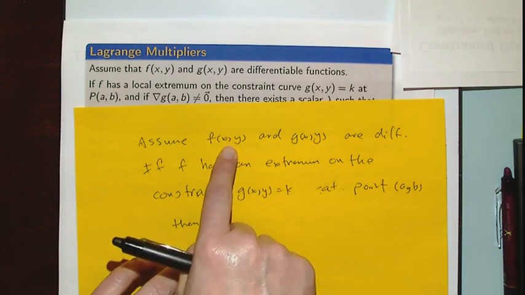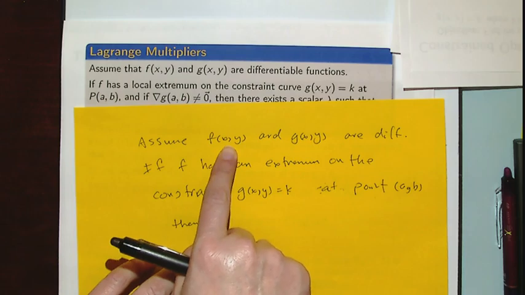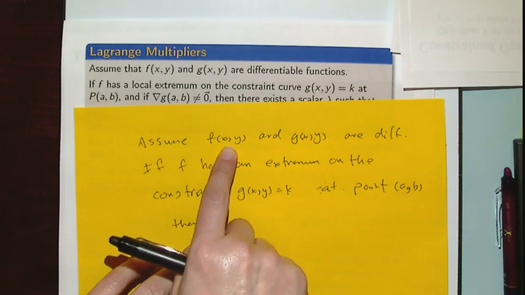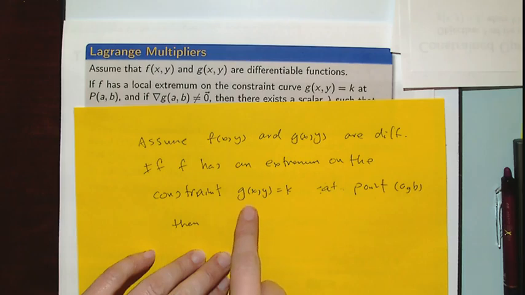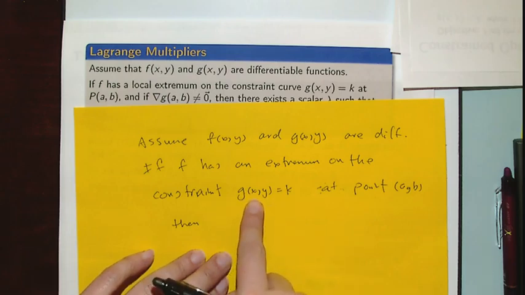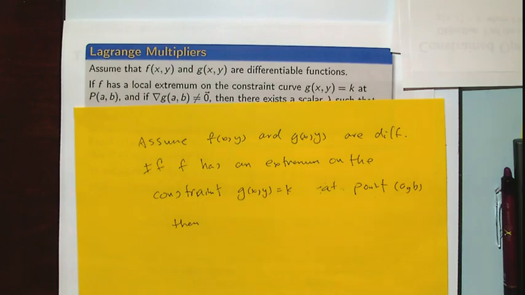What is the gradient of f to the level curve? Orthogonal. What is the gradient of g to g? The constraint curve is a level curve of g. Orthogonal again. Two things that are orthogonal to the same thing are parallel. They're parallel.